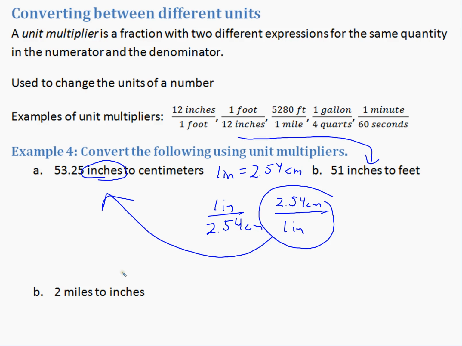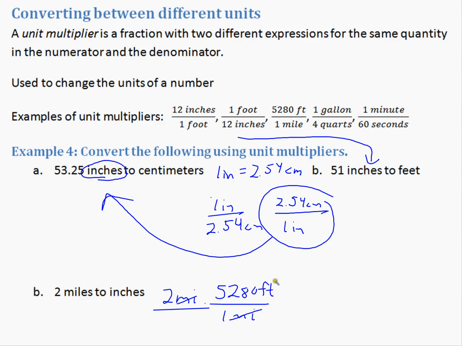And miles to inches, well I don't have a miles to inches thing here, but we would have to do this in 2 parts. So we have 2 miles, and I'll show you how to do this. We want to cancel miles. Well, we don't have miles compared to feet anywhere here, but we do have this one. So we can multiply by 5,280 feet over 1 mile. The miles will cancel, but now we have feet.